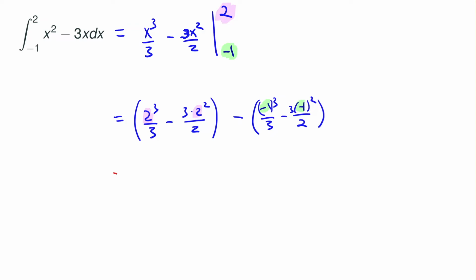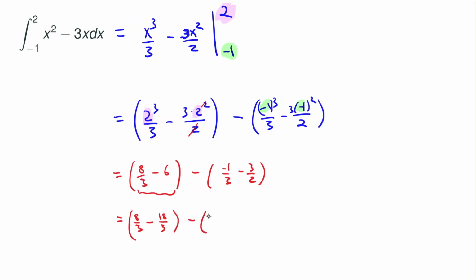So let's simplify these. We have 8 over 3 minus, is that 12? Well, actually we should cancel one of them out, so we have 6. Minus, -1 over 3 minus 3 over 2. Okay. So let's simplify this one. 8 over 3 minus 6, we need a common denominator, so I'm going to write it as 18 over 3.